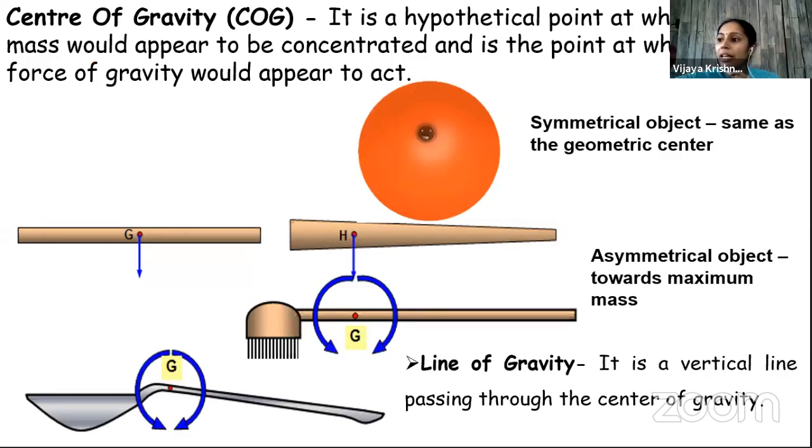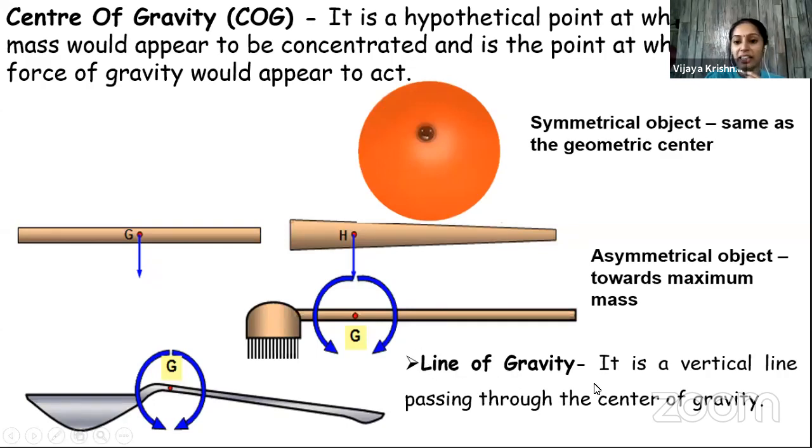Okay, and now here you have rounded objects, that is shown here, which are symmetrical objects. For symmetrical objects, the center of gravity is the same as the center of mass, whereas for asymmetrical objects, the center of gravity is towards the point where the mass is larger. Now, there is another important concept that is known as the line of gravity.